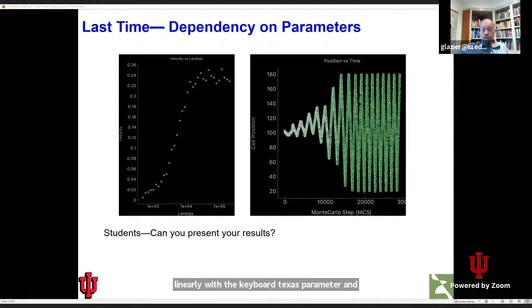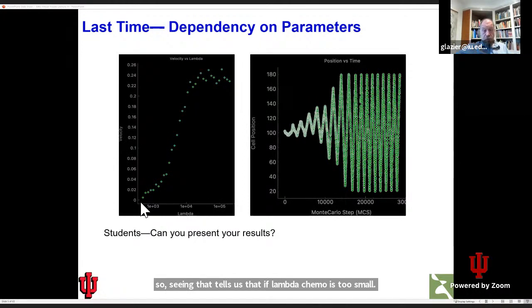And then for a larger lambda chemo, the velocity of the cell saturated. The cell didn't go any faster as we increased lambda chemo. What we would, of course, like in an ideal world is that the velocity was proportional to lambda chemo, independent of whether it was small or big. And so seeing that tells us that if lambda chemo is too small, the cell is going to move randomly.